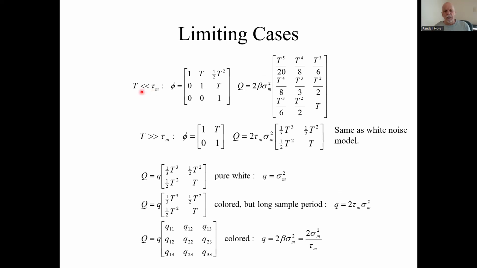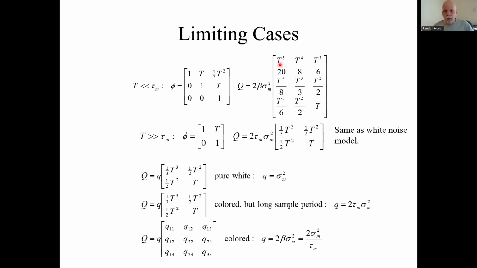You go to the limiting cases. This big T here is the time step between samples, how often you get a measurement of position. If it's much smaller than the time constant of the maneuver of the vehicle, this is the limiting case: really fast sampling compared to how fast the vehicle could maneuver.